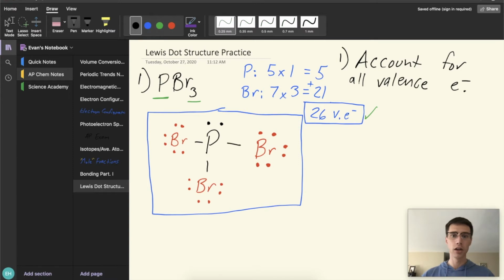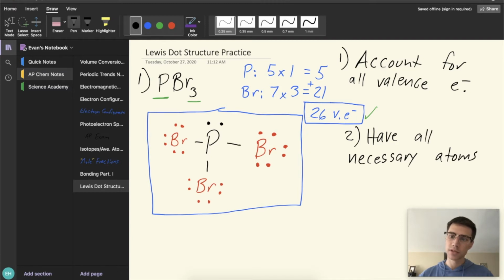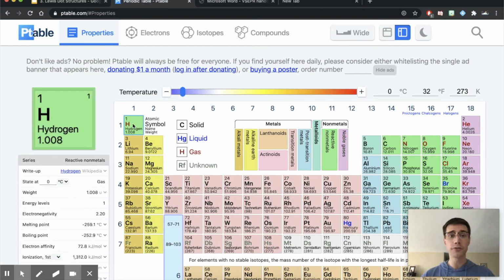All right. The second major thing that we should be concerned with is: have all necessary atoms met the octet. So I said necessary atoms because something like hydrogen, remember if we go back to the periodic table, hydrogen is in the first energy level.